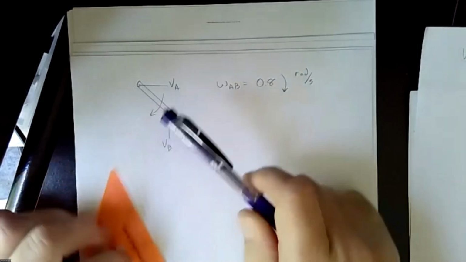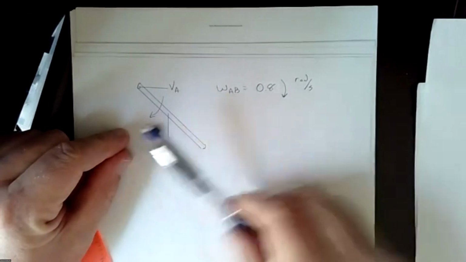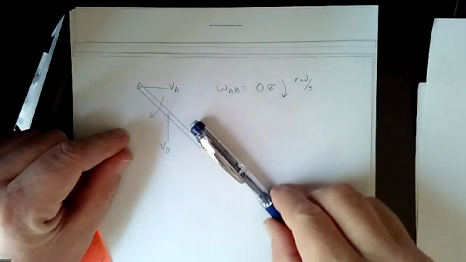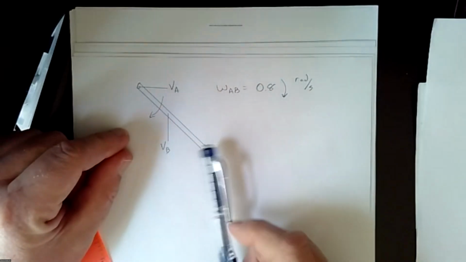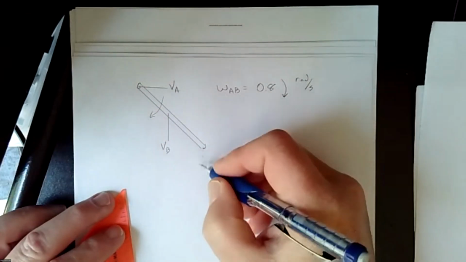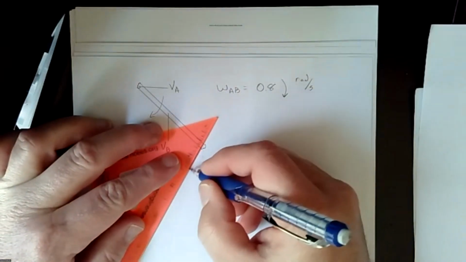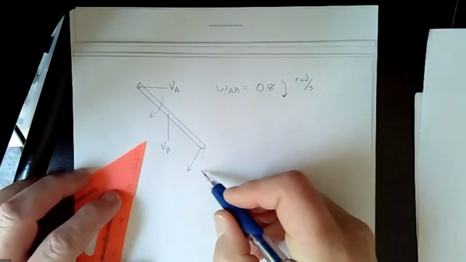Now, because A is moving this way and B is moving down, D is rotating, but it's also moving. So we can't say that it's doing this, or whatever. We don't really know where it's going. So it's probably going to be something like this, but we're going to have to figure that out.